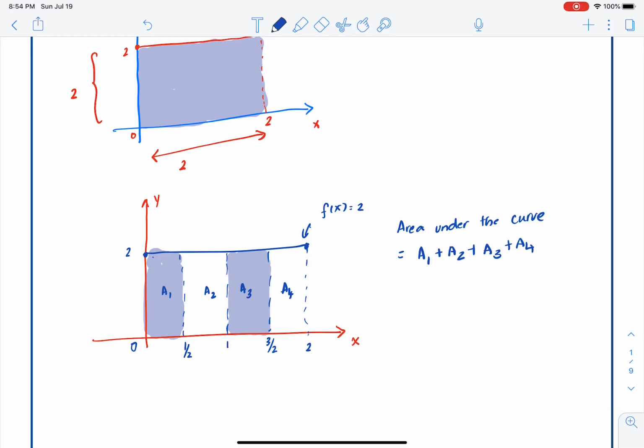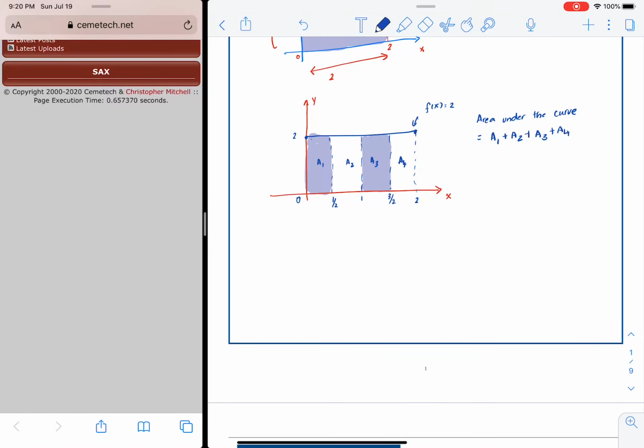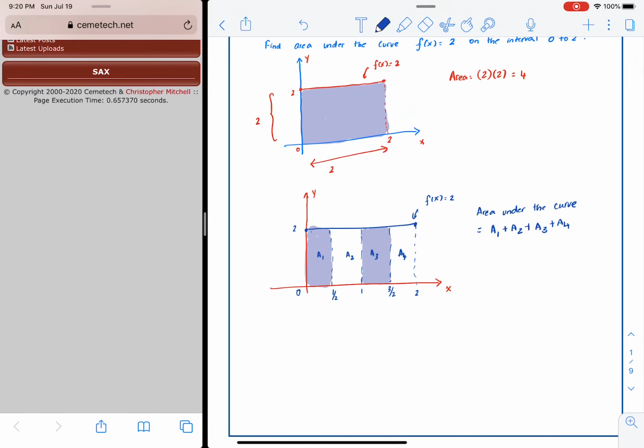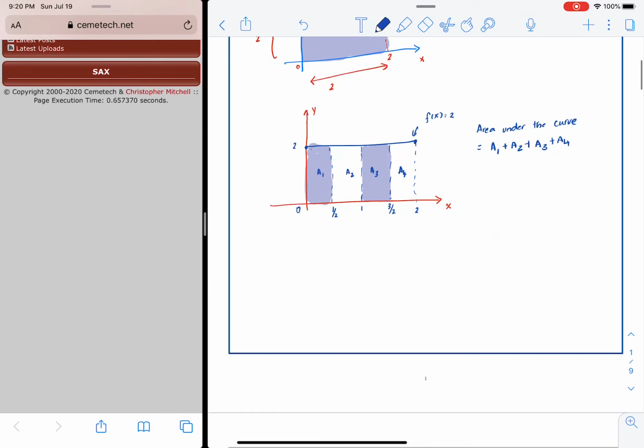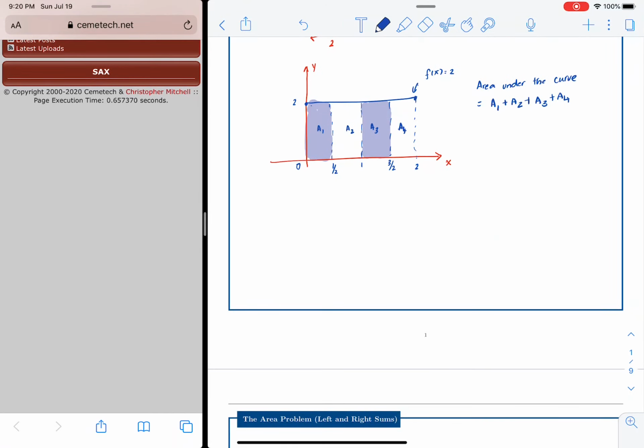Now, it may seem silly that we're splitting it up into 4 rectangles and trying to find the area, which we know is 4 already. But the reason I'm doing this is to illustrate a point on how we can extend this to more complex functions. So how do we find the area of each of these rectangles?